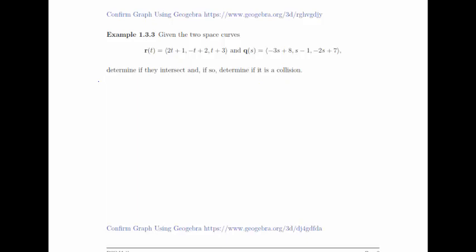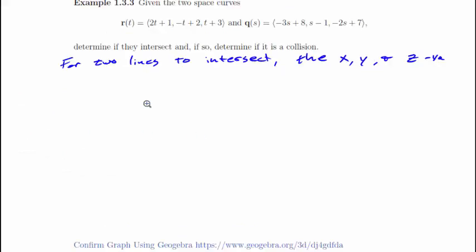So for two lines to intersect, the x, y, and z values all need to be equal.